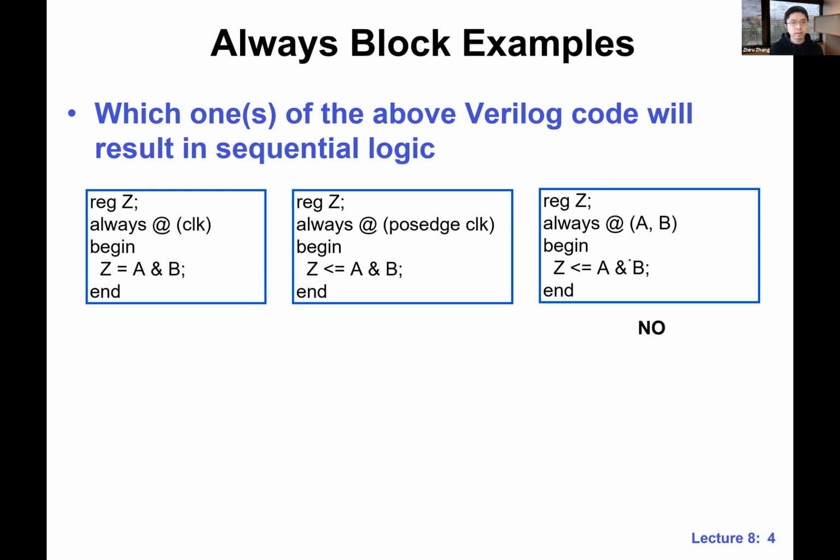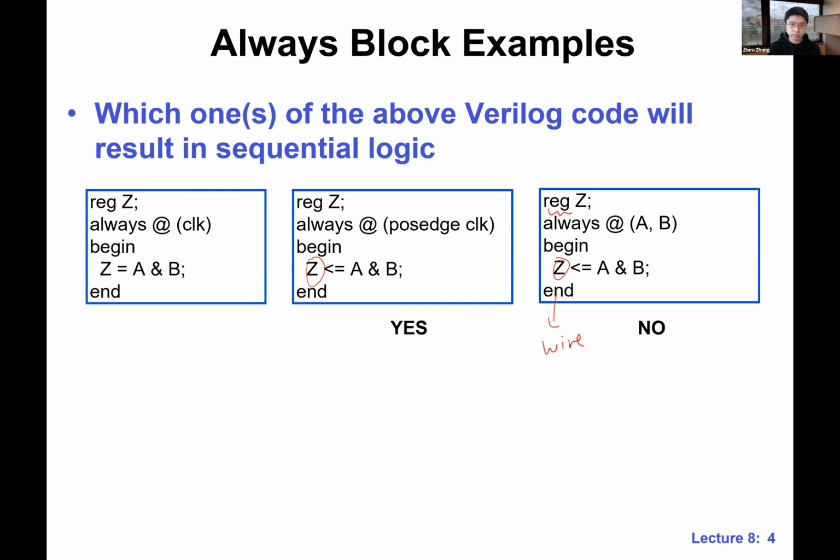Okay. Next one, what is that? So what is Z? This is something about Verilog that we're going to talk about more. Reg can become either a wire or a flip-flop. So in this case, this is a wire. This is combinational. This one becomes what? Look at the sensitivity of this. There we have posedge, so this is sequential. This is basically a flip-flop.